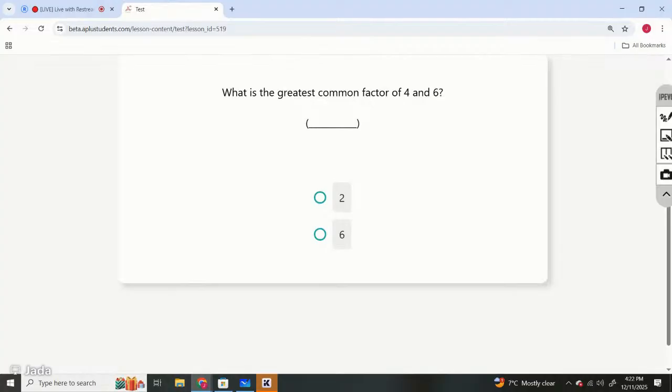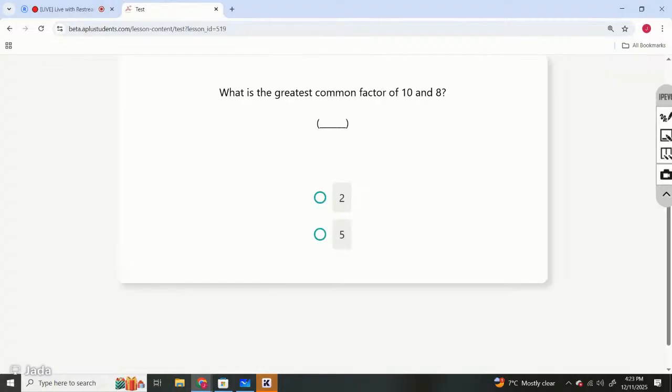What is the greatest common factor of 4 and 6? Yes, 2 it is. Very good. Option number 1 is the correct option.